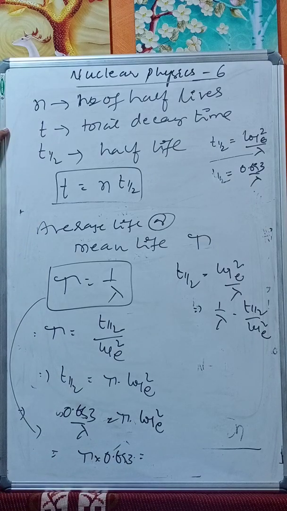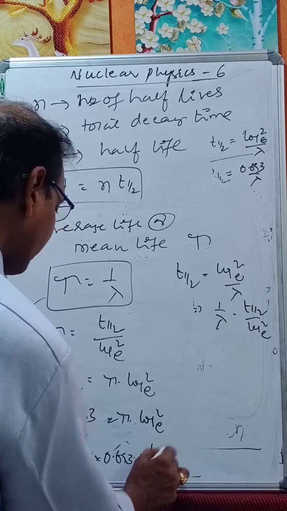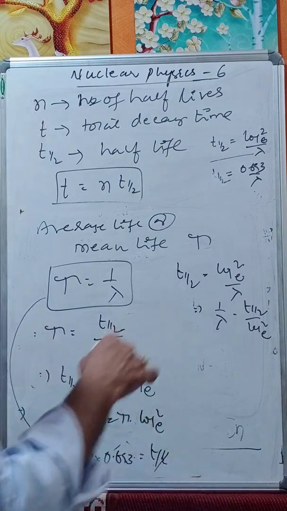These are various expressions relating the decay constant, tau and T half. We can use any of these.